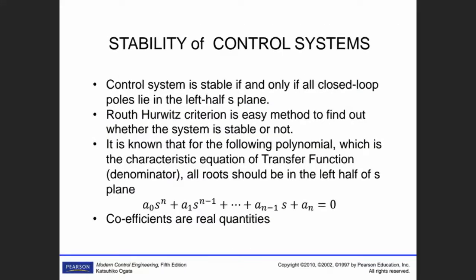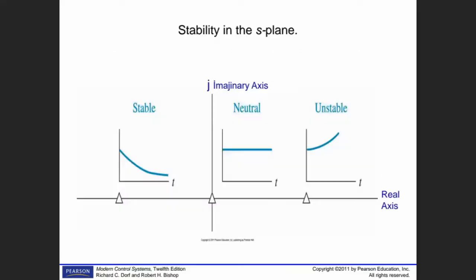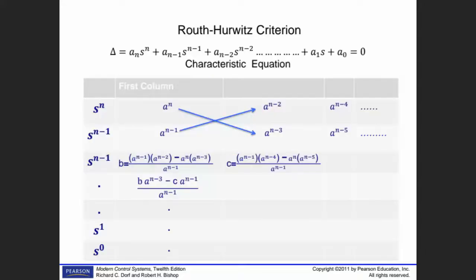We all know that the Routh-Hurwitz criterion is telling us whether the system is stable or not. The first column, follow my cursor, please. That one is your delta, which is the denominator of your transfer function, and this is the first column.